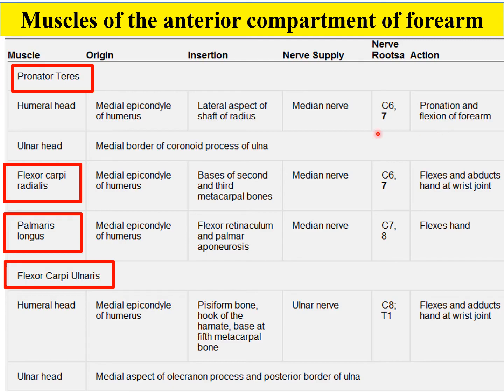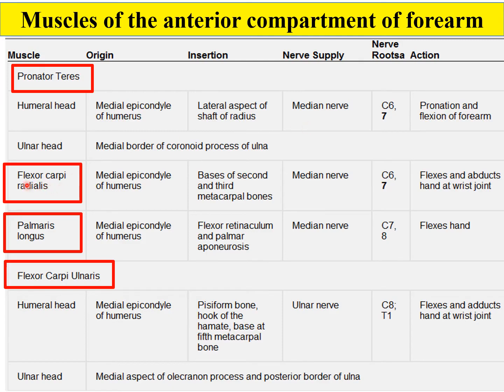How, that we will discuss in the picture. So pronator teres is a muscle having origin from the medial epicondyle of the humerus and ulna, attached to the lateral aspect of the shaft of the radius, supplied by the median nerve, with the function of pronation.